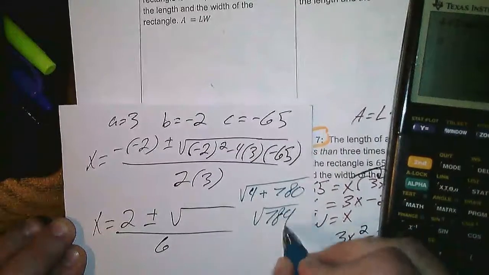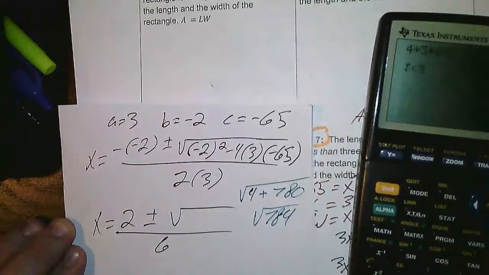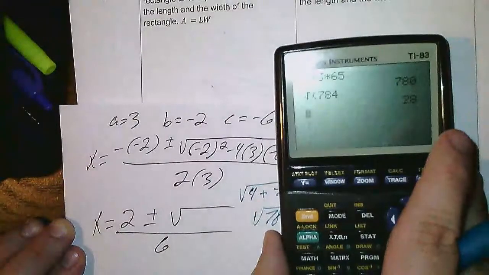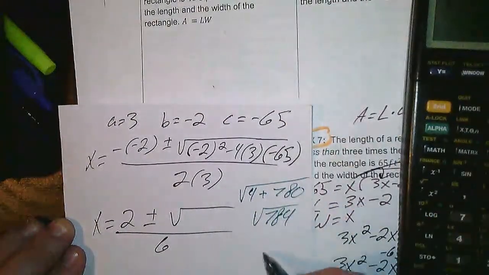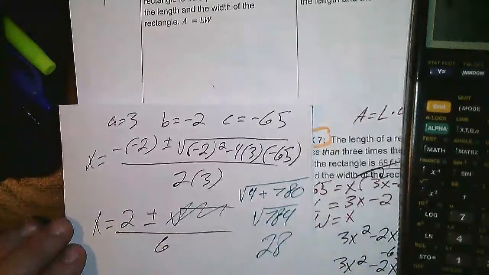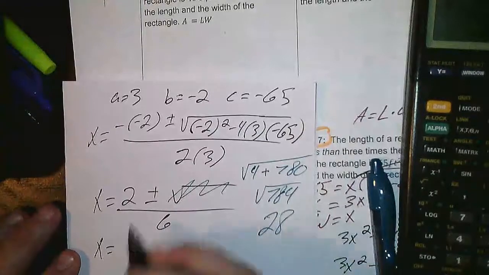So what is the square root of 784? Hopefully that's a whole number. And it is. So I just put that in the calculator. And it becomes 28. So not a square root. I should not have written the radical.